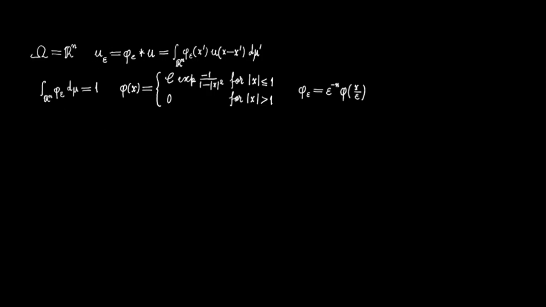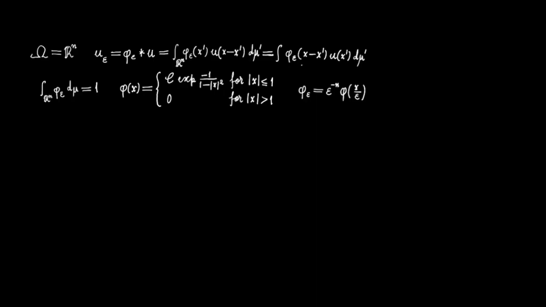u epsilon, which will be our approximation, is actually a smooth function, since we want to approximate u by a smooth function. And to do this, it will be convenient to write this convolution as the integral of phi epsilon of x minus x prime multiplied by u of x prime by a change of variables.